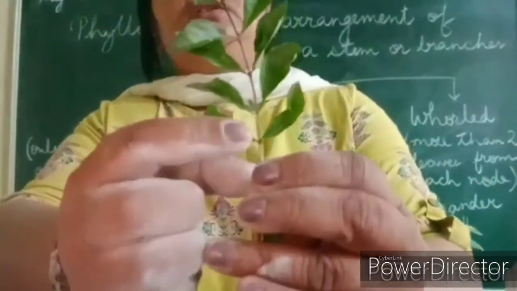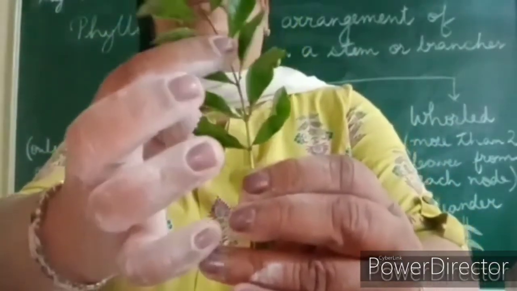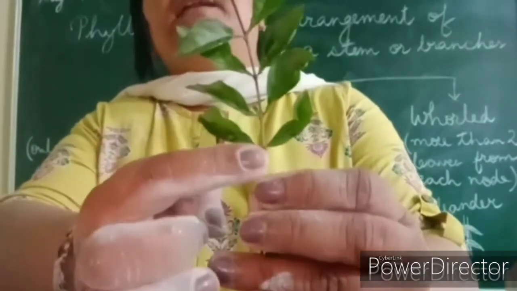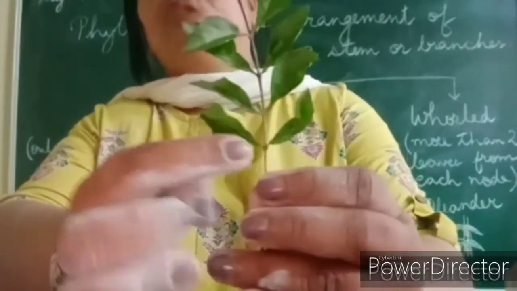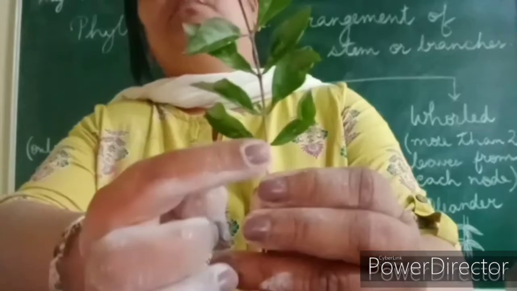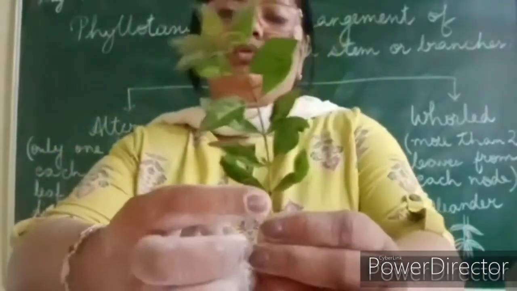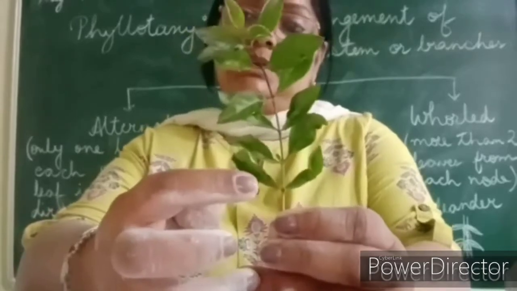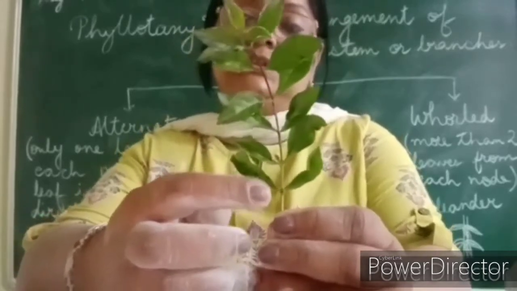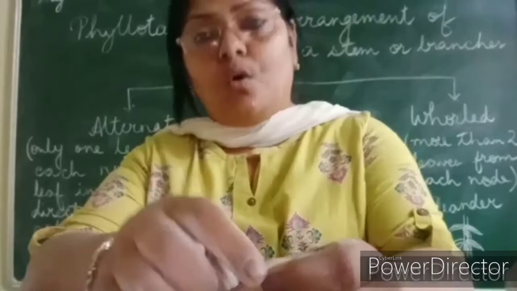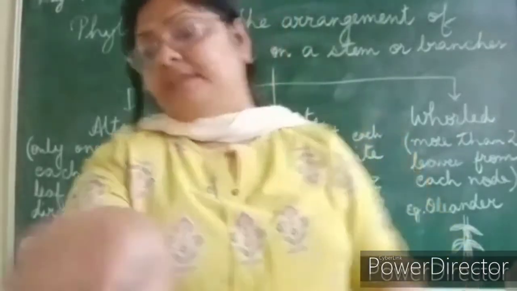Here you see the nodes 1, 2, 3, 4, so many nodes. At each node you find two leaves arising, but in the opposite direction. Two leaves arising from each node in the opposite direction is called opposite phyllotaxy.